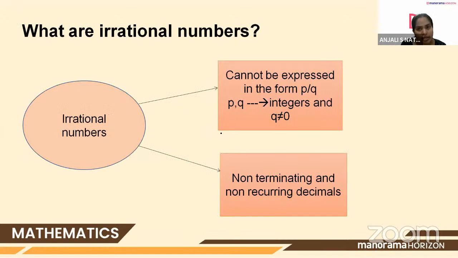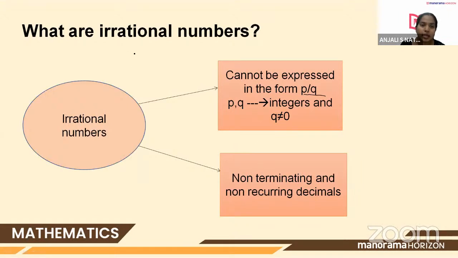So what are irrational numbers? We already said that irrational numbers cannot be expressed in the form of p by q, or as a fraction. And we can also say that they are non-terminating.